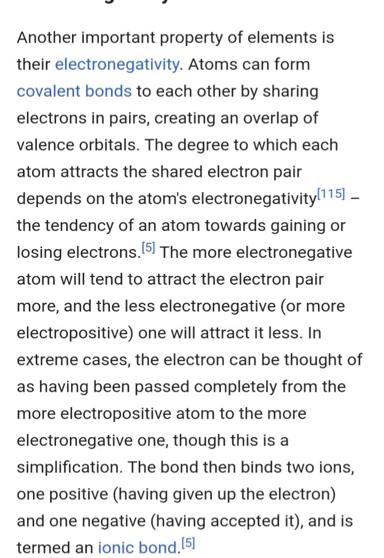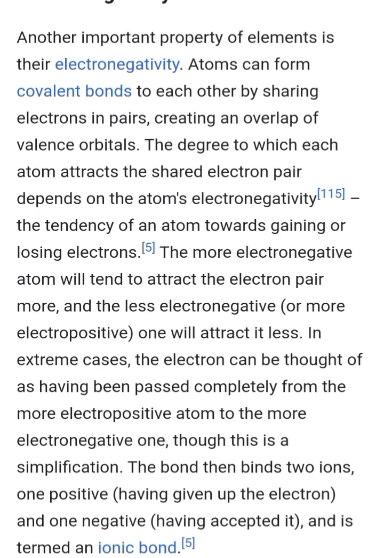Electronegativity is the tendency of an atom towards gaining or losing electrons. The more electronegative atom will tend to attract. Electronegativity is telling us how far an atom can attract electrons or lose those electrons.